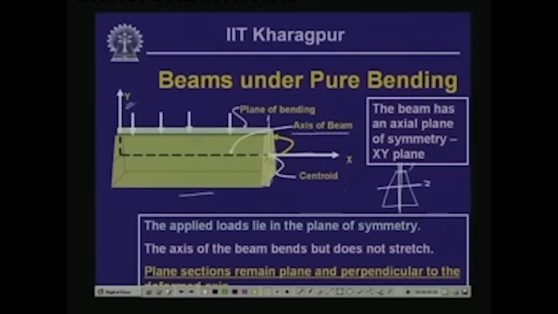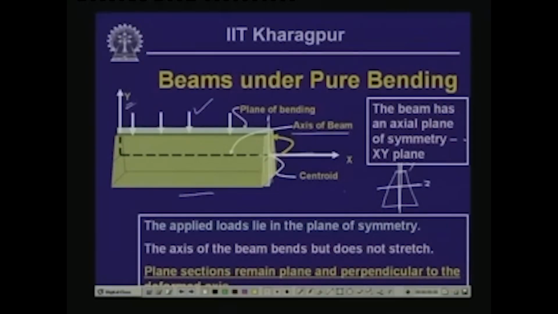Also, through this plane, along the y axis, if we pass the plane, along this particular plane the load acts, and the bending acting in the beam is also in the vertical plane. So, here we assume that the section is symmetrical with respect to this vertical plane, the plane of bending is this particular plane, and in this plane the load acts.